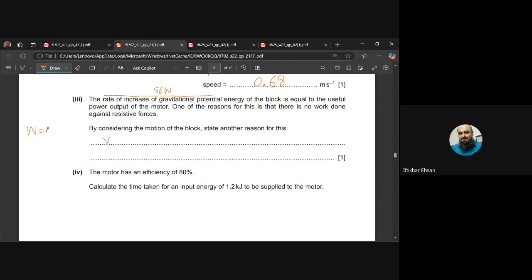Work done goes to change kinetic energy or potential energy. As speed is constant, there is no change in kinetic energy. So all the work goes to change the gravitational potential energy, right? Clear, beta ji? Yes sir.